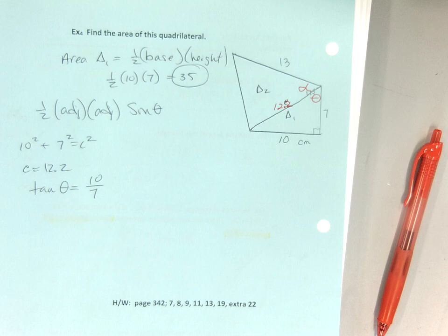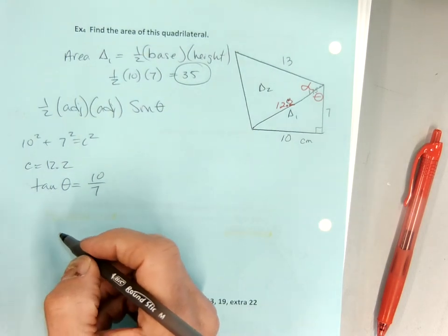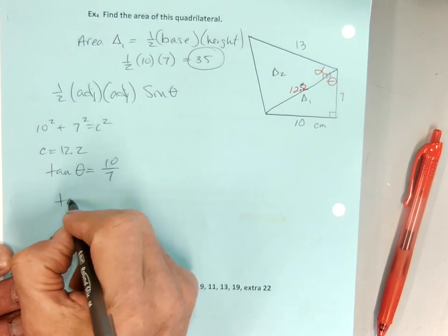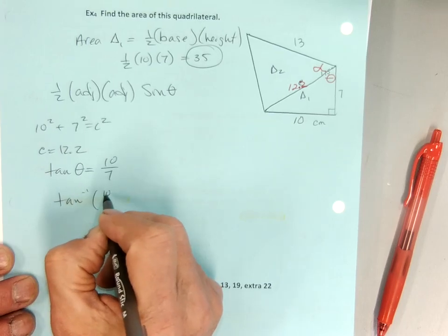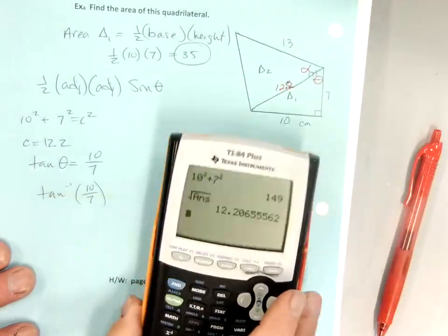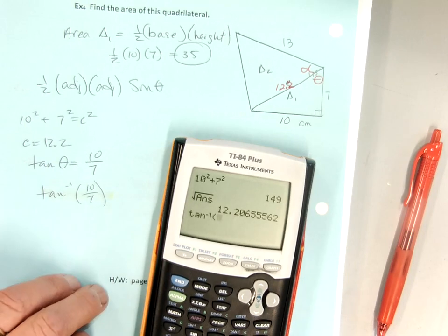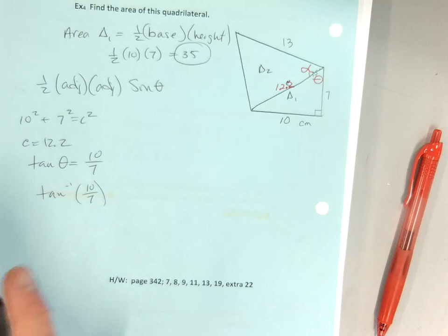Elise, how do I find the angle? What's our button? Inverse. You guys remember? Inverse button. So we need to find the angle. Tan inverse of 10 over 7. 10 divided by 7, inverse tangent, is about 55 degrees.